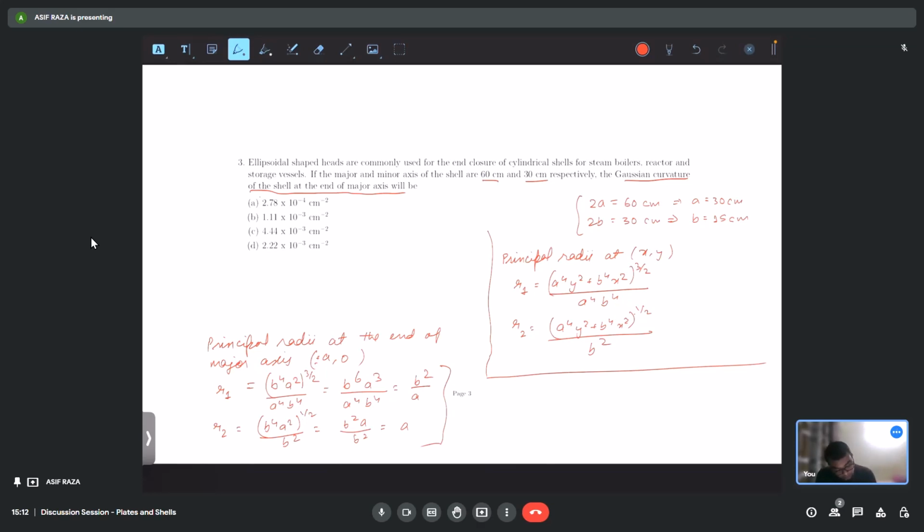To find the Gaussian curvature, k is equal to 1 upon r1 times 1 upon r2, so this is a upon b square, this is 1 upon a.